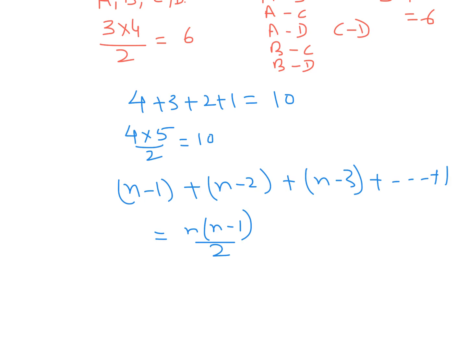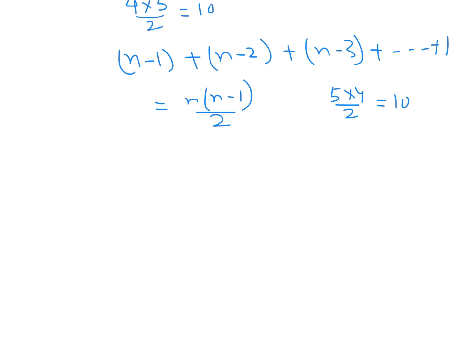That is what we have got, that when 5 teams are there, you are getting 5 into 4 divided by 2, which is 10. So suppose there are 8 teams in the group, then you can straight away say that 8 into 7 by 2, that is 28 matches will be played if each team is playing against each other in that group.